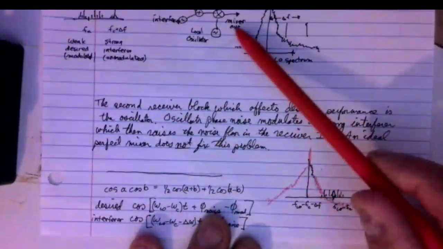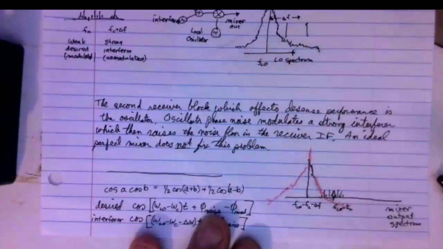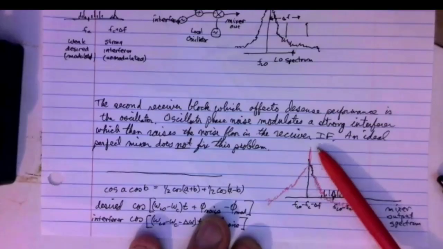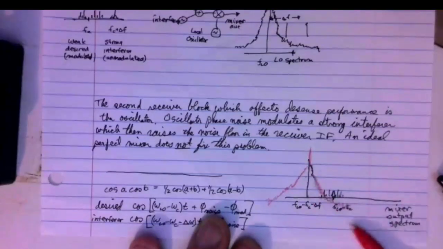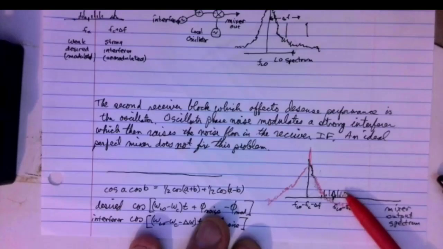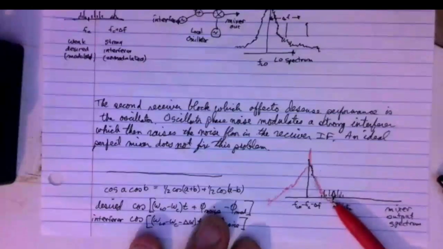And if I raise the amplitude of the interferer, I shift this up and down, and if I make the interferer big enough, I can make this noise right here cover over the desired signal in the IF at the mixer output and desensitize my receiver.